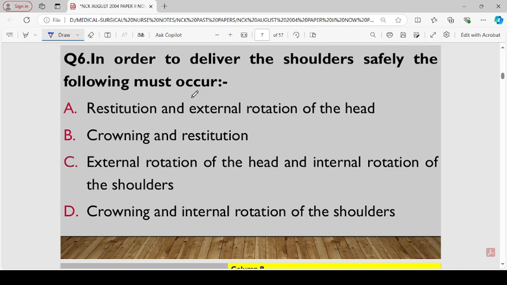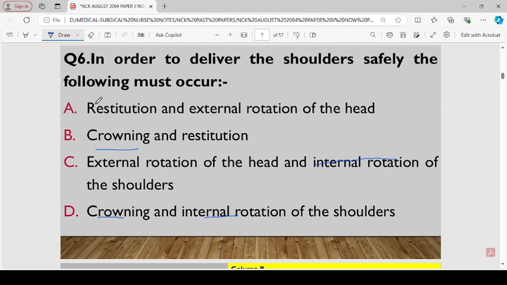So we should at least rule out the normal processes that help the presenting part to be delivered, like crowning. All these help the presenting part to be delivered. And of course the internal rotation of the shoulder. So just by ruling that out, I'm able to remain with A as the best option there.